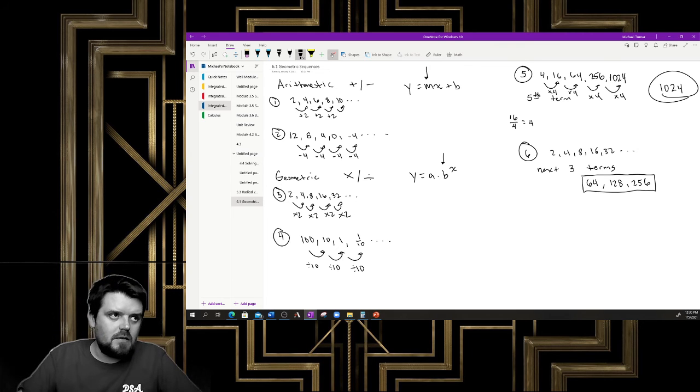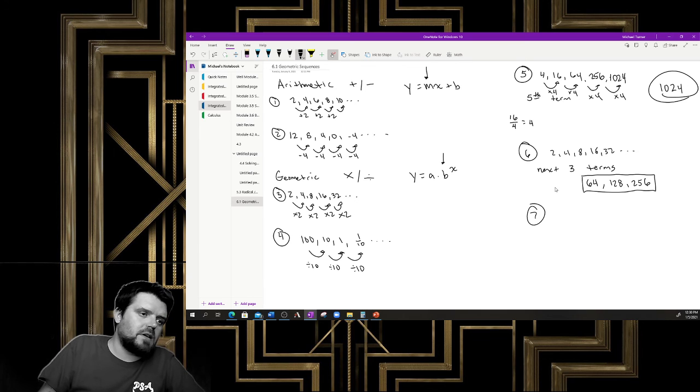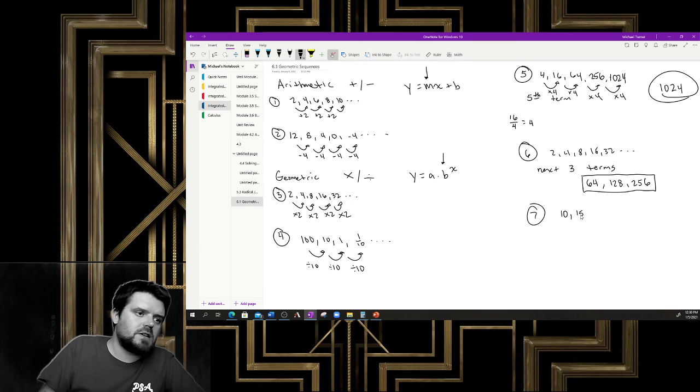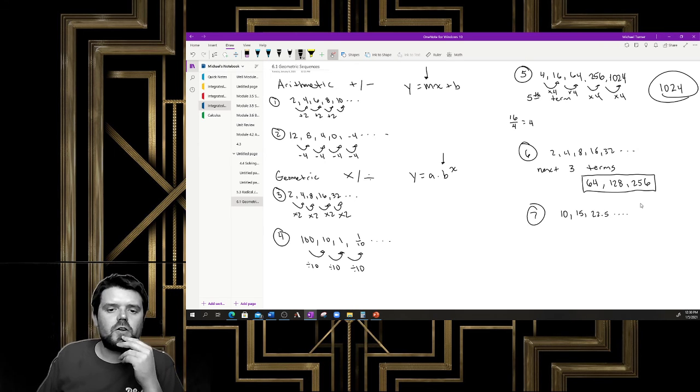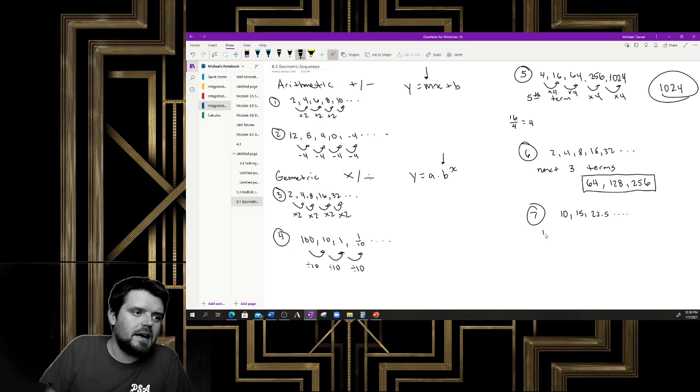As I mentioned, it's possible that you get a value for either a ratio or a rate of change that's not a whole number, a decimal or a fraction. So let's say I have something like 10, 15, 22.5, etc. And I ask you for the ratio. These are a little bit harder to see when the value is not an integer. As we did in number 5, you can always figure out what the ratio is by dividing any two numbers.